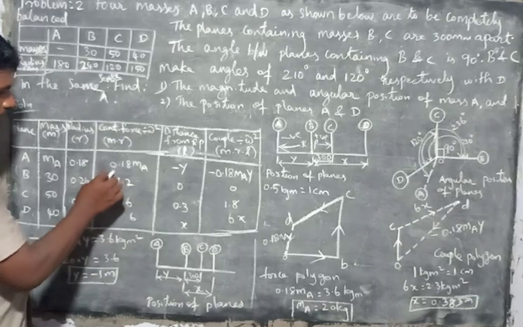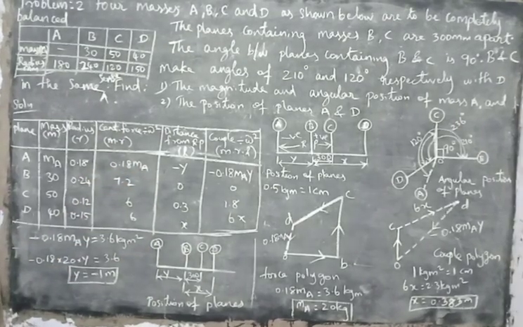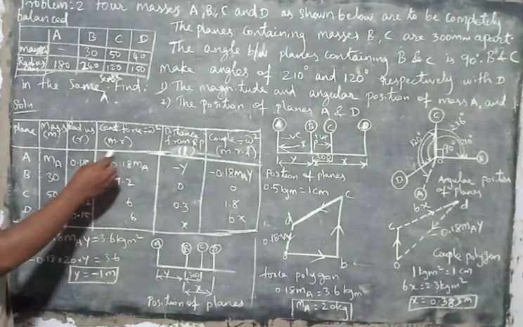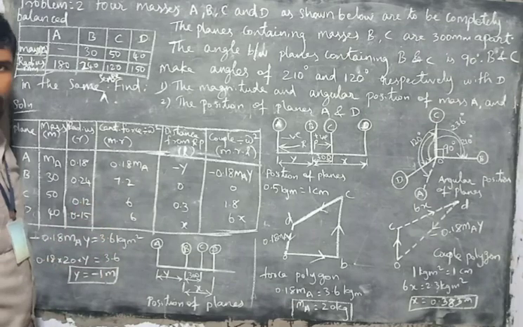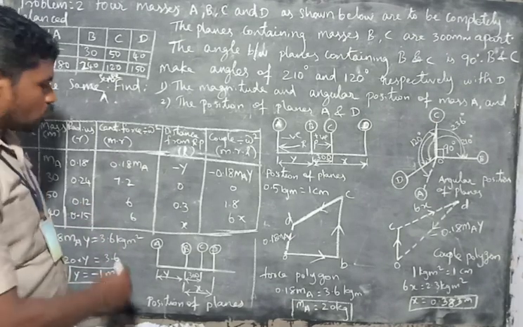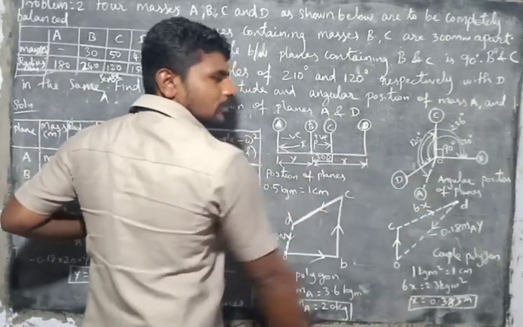Here we have only one unknown value in the plane A. So I am going to draw the force polygon first, because of the minimum unknown value. This is the basic reference, right?